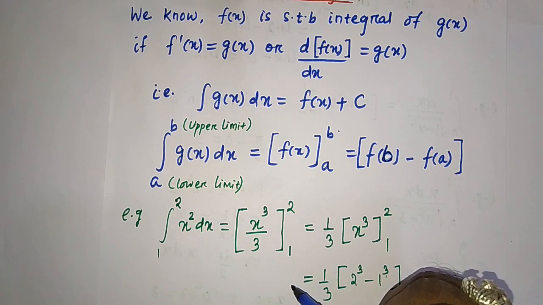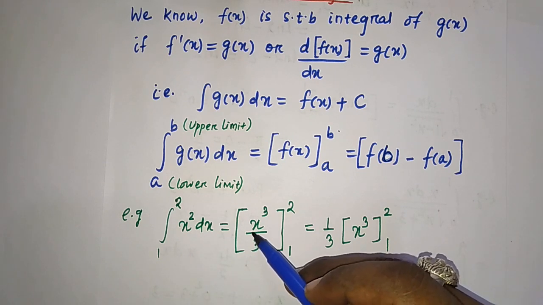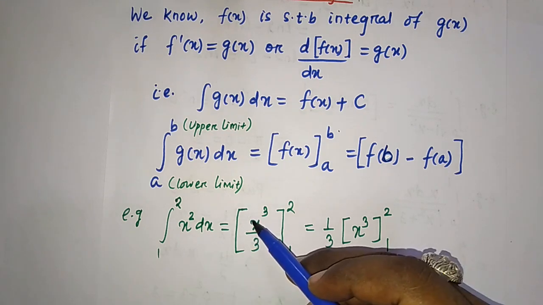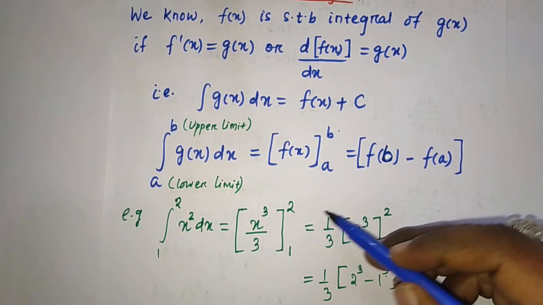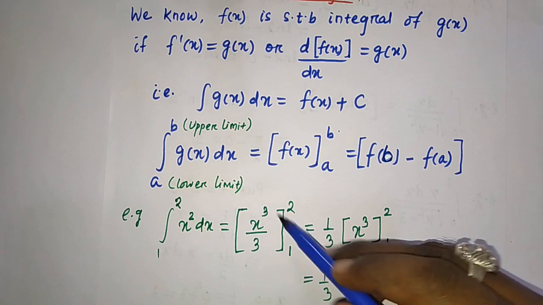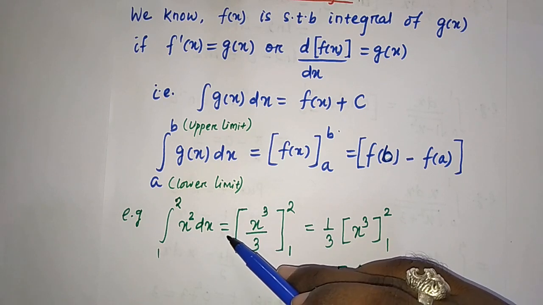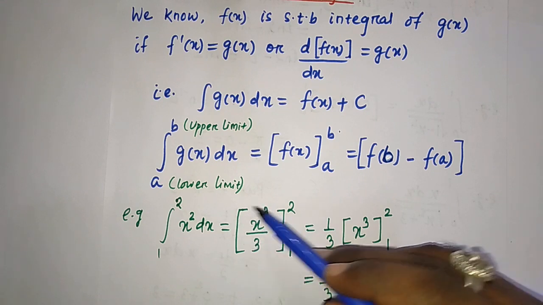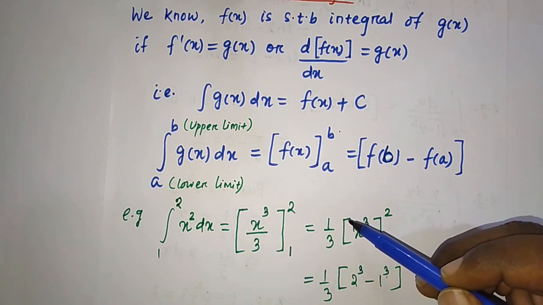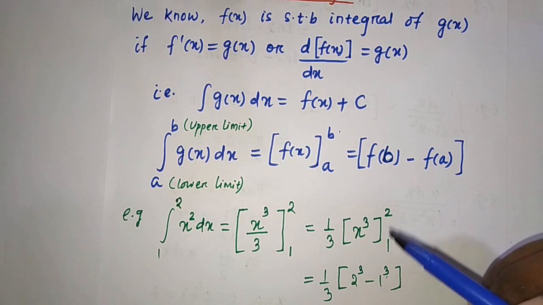Then 1 by 3 is a constant term, so I have taken this 1 by 3 to the outside of the bracket. After taking it outside, only the x cube term is left, and the limits remain the same.